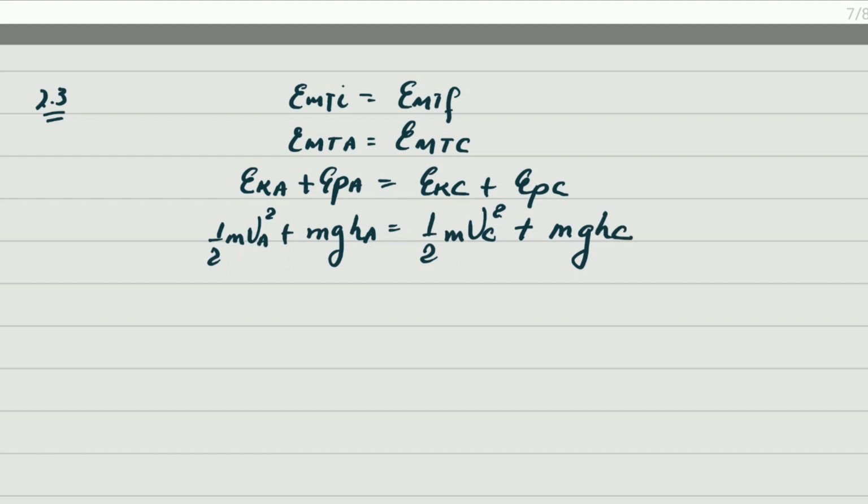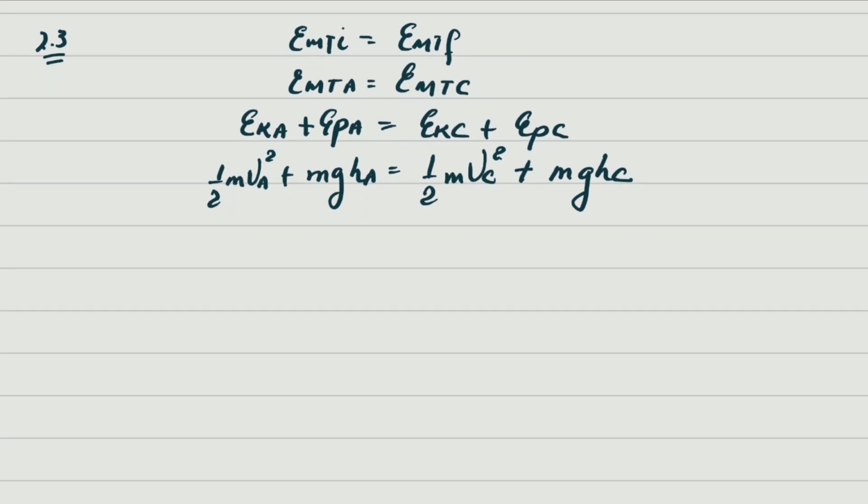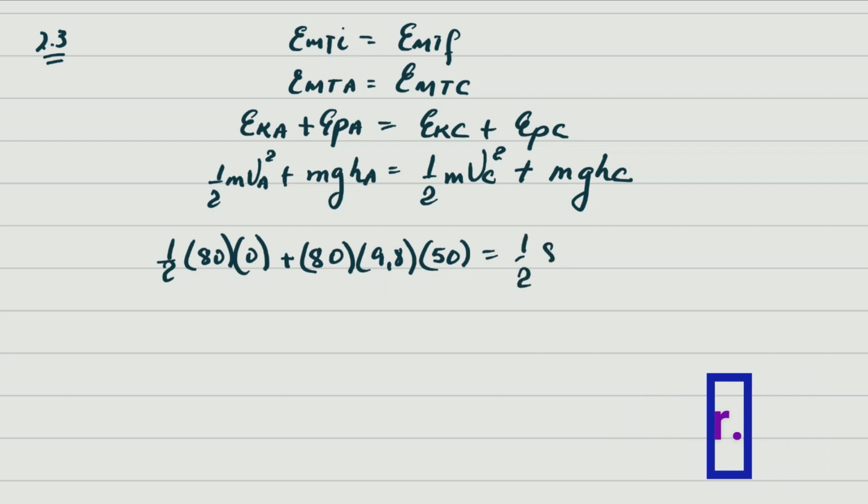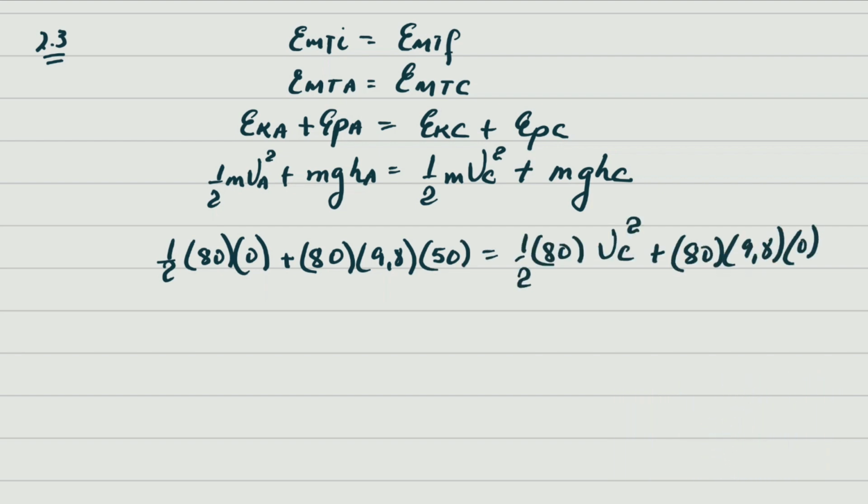And then all we have to do is substitute what we have, which is in actual fact everything. And this, guys, is what you have. You can see that it started from rest, so this is 0, and at the end, right at C, there is no height, therefore this one is also 0.